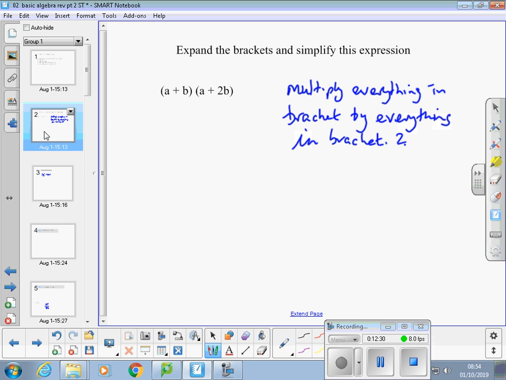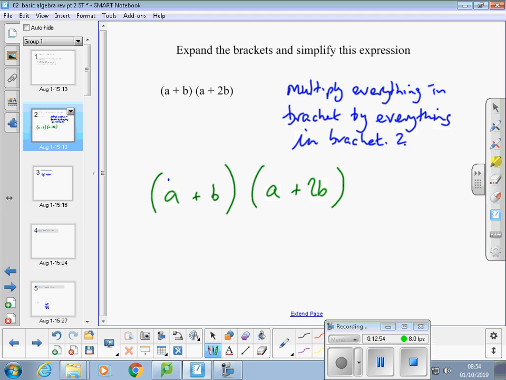Well, we've got two sets of brackets, or indeed more. That's what we have to do. So we've got A plus B in one set of brackets, we've got A plus 2B in the other.